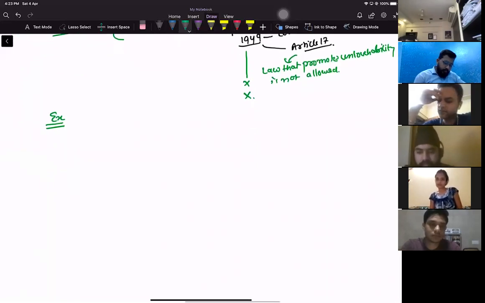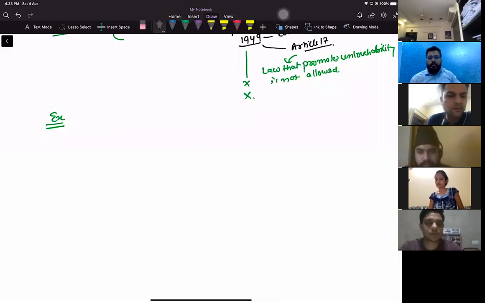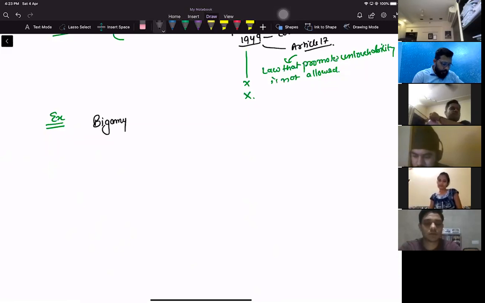Let us create one more example. Suppose there is some law, some provision which is now punishable but earlier was not punishable. So suppose let us take the example of bigamy.